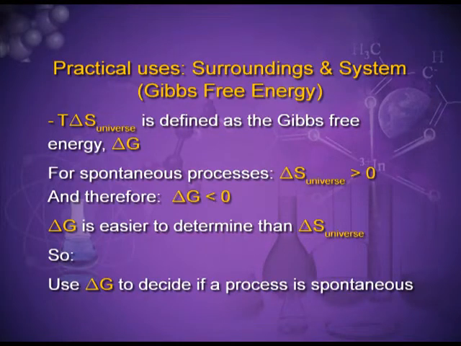So, we use delta G to decide whether the process will be spontaneous or non-spontaneous. For a process to be spontaneous, delta G should be less than 0. If the value of delta G is more than 0, the process is non-spontaneous. And if the value of delta G is equal to 0, then the process is at equilibrium.